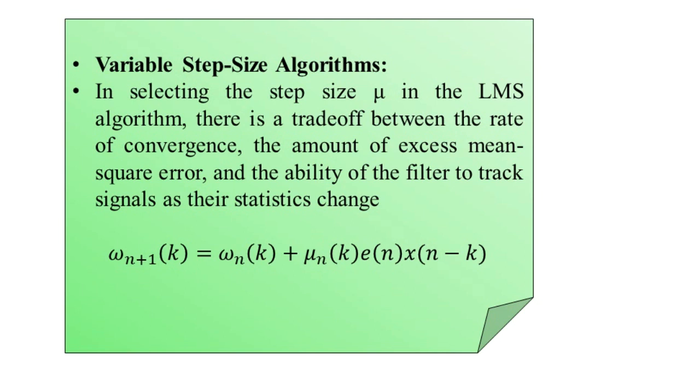The rules for making the adjustments to the step sizes are tied to the rate at which the gradient estimate changes its sign. The estimated gradient is given by the expression: the gradient of the square of the error signal e(n) is equal to minus 2 multiplied by e(n) times x(n minus k).